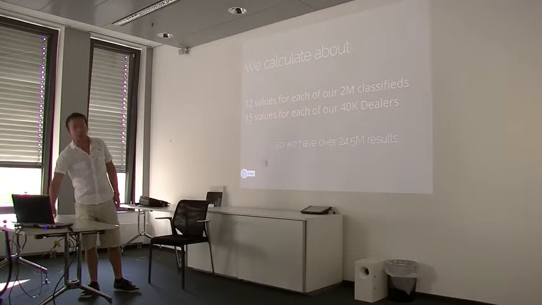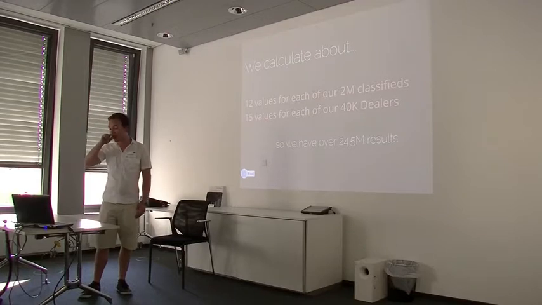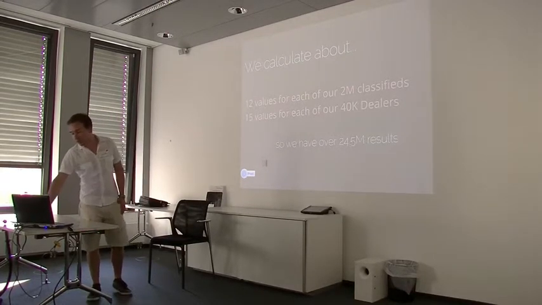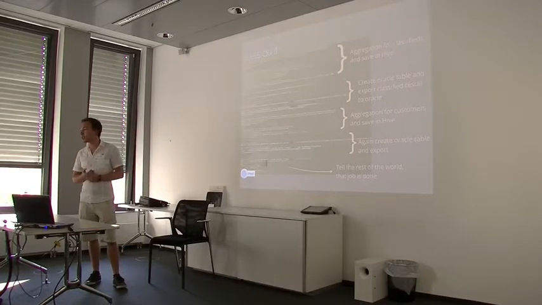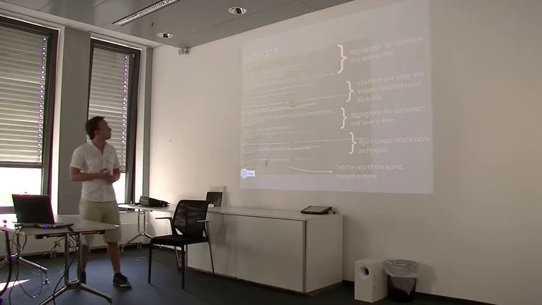And we do it nightly, every night at 1 o'clock. And about the performance, I will tell you later. We could do it more often, but it's sufficient to do it at night.